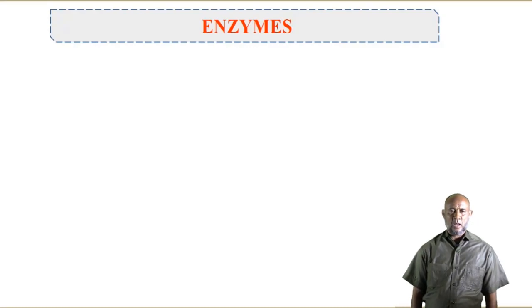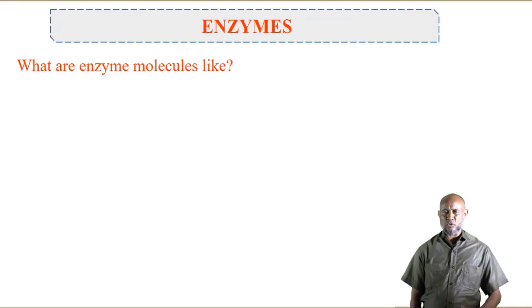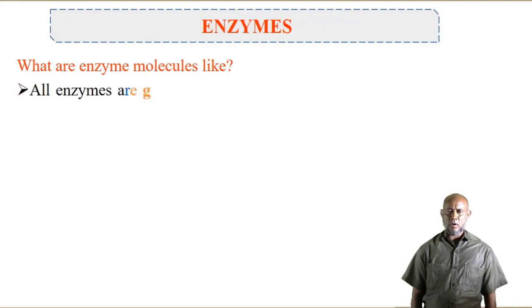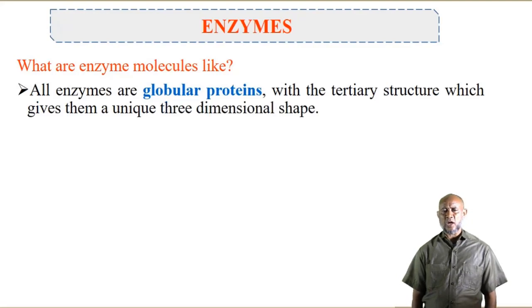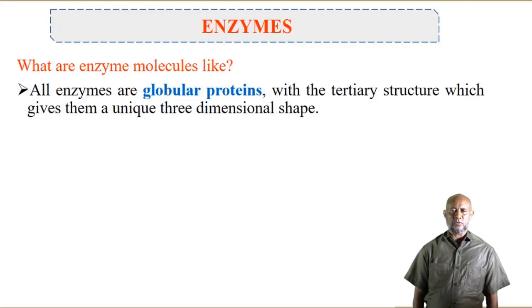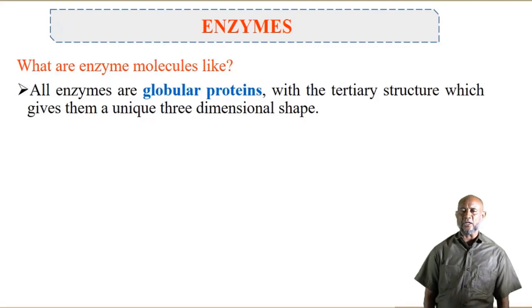Enzymes. What do the molecules of enzymes look like? First of all, let's talk about these kinds of enzymes. Enzymes are globular proteins with a tertiary structure which gives them a unique three-dimensional shape, a 3D shape.